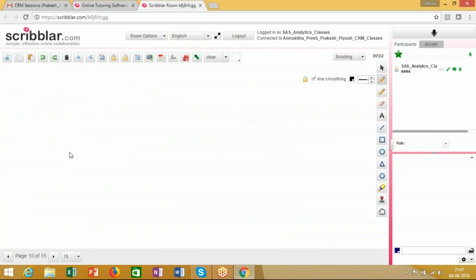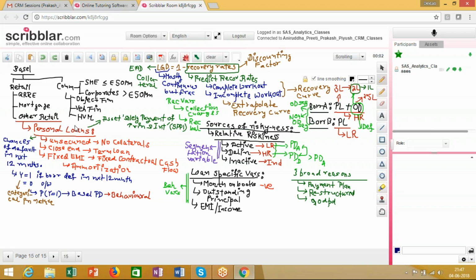So what we saw was that when we are working with retail portfolios, one very important characteristic is that the portfolio has a large number of accounts while the average exposure per account is very less.